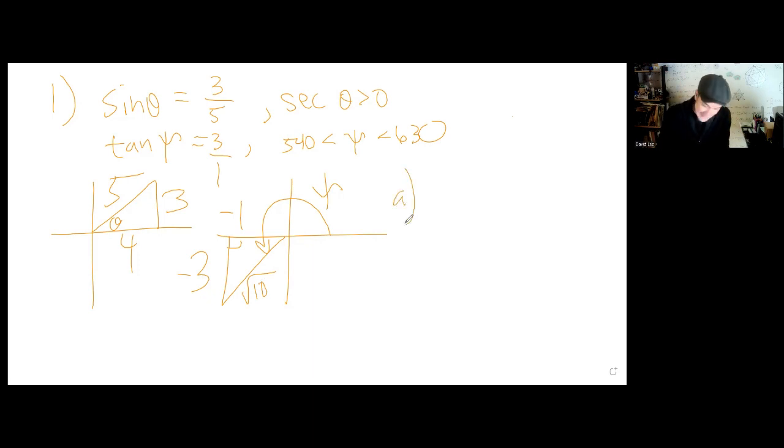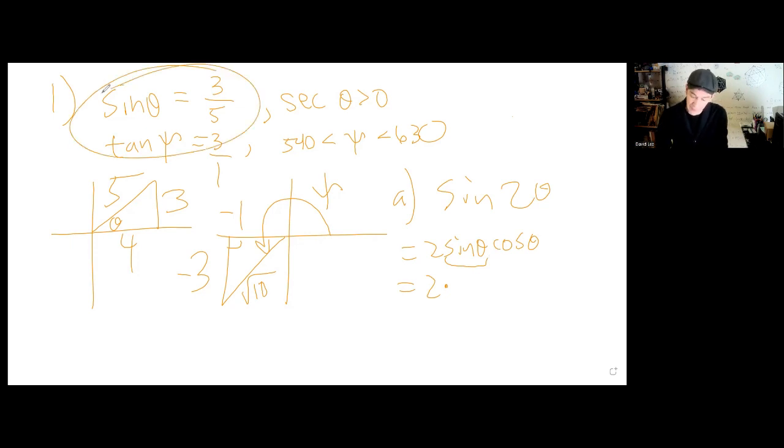Part A says sine of 2 theta. Looking at your trig identities, we know that sine 2 theta is the same as 2 times sine times cosine. 2 stays 2. Sine theta, well, that's given. They tell us that sine of theta is 3/5, times cosine of theta.